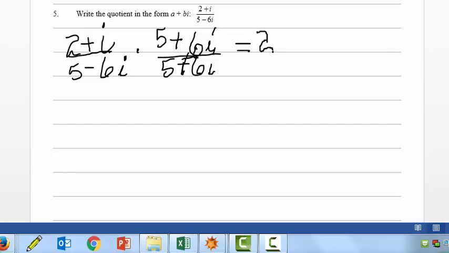And so 2 has got to get multiplied by 5 plus 6i, and so does a positive i.